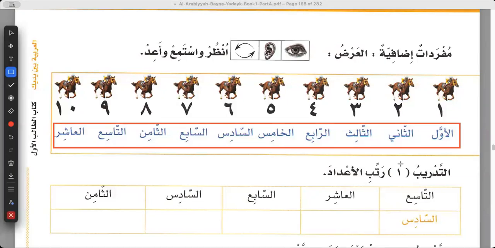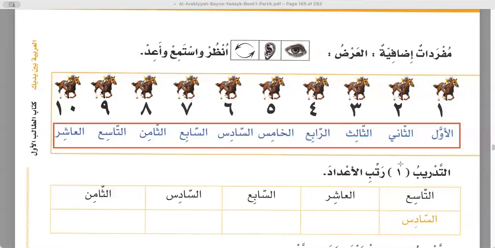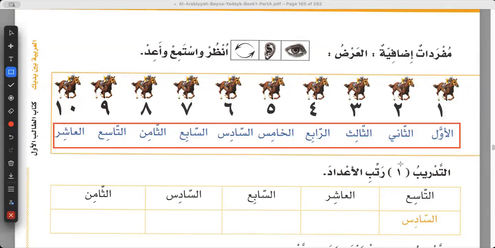So you can see that the masculine and feminine differ only by adding ta marbuta, which is a symbol telling us that this is feminine. Not only that, the first one, al-awwal, is not al-awwalatu, but al-ula.